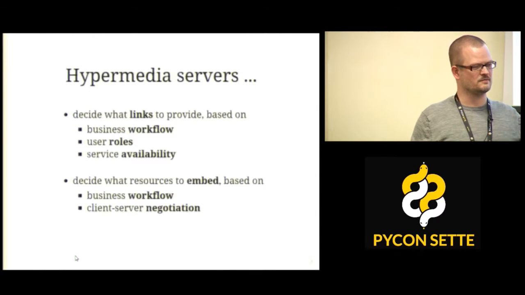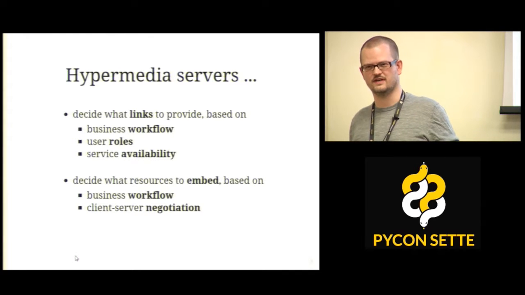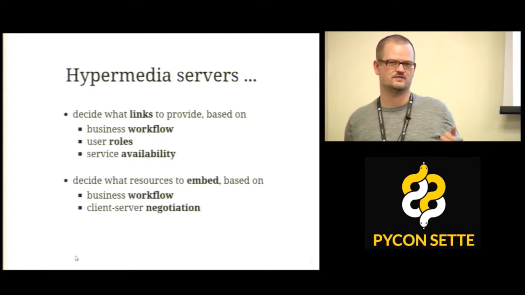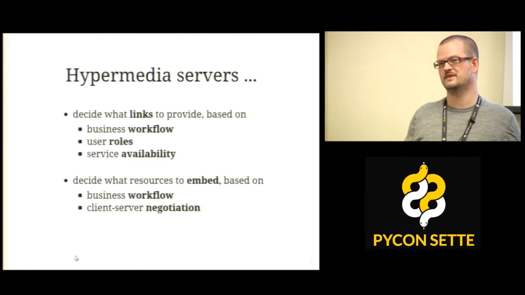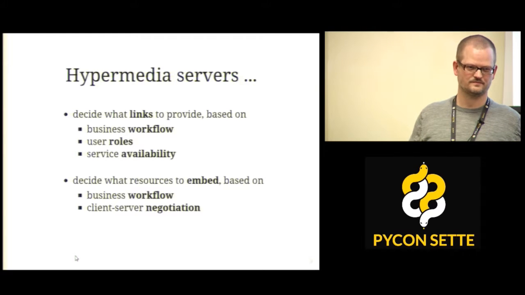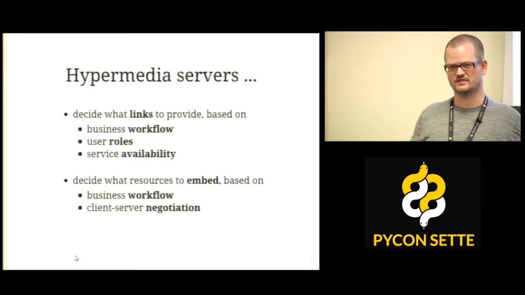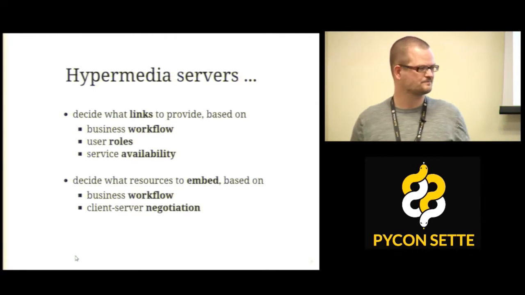Now on the other hand, a Hypermedia server needs to decide what links to give to the client. And that's decided based on business logic, user roles, and service availability. That means, for example, that a logged-in user can get extra links from a server, for example, for editing a profile or looking at stuff that an anonymous user cannot look at.